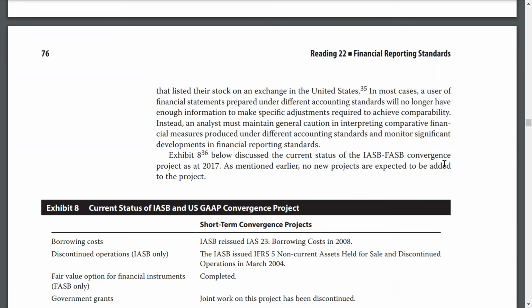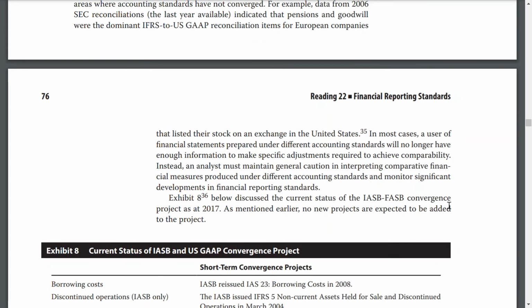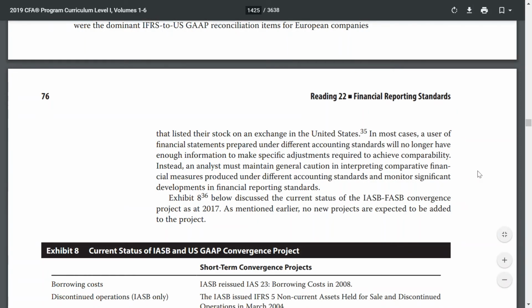Instead, an analyst must maintain general caution in interpreting comparative financial measures produced under different accounting standards and monitor significant developments in financial reporting standards. Exhibit 8 below discusses the current status of the IASB-FASB convergence projects as at 2017. As mentioned earlier, no new projects are expected to be added to the project.